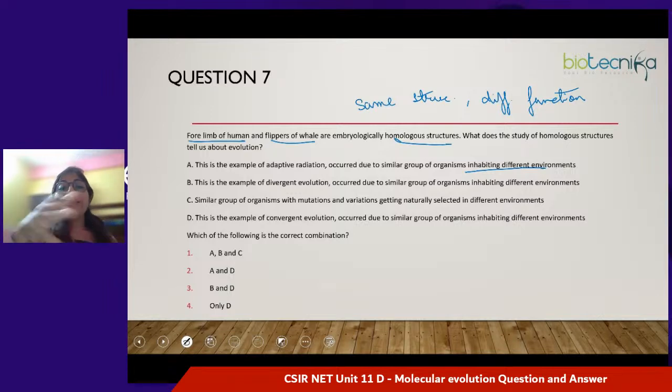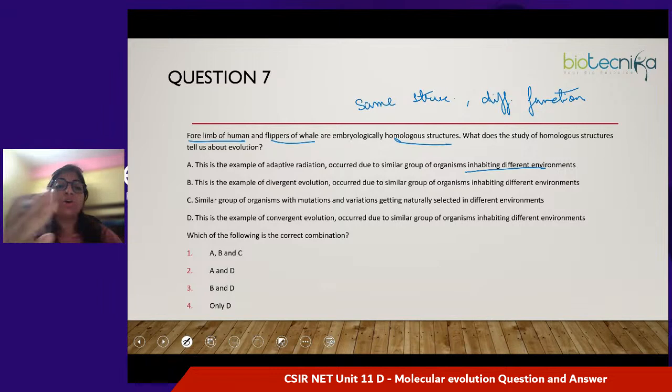Okay, so what happened that our mammalian ancestor, once the mammal has evolved, okay, so then a small group of mammals, they went back to water. Okay, and in the water, the forelimbs, they started using it for swimming, and that is how over the generations they got flippers.